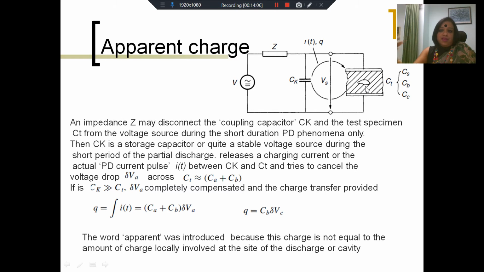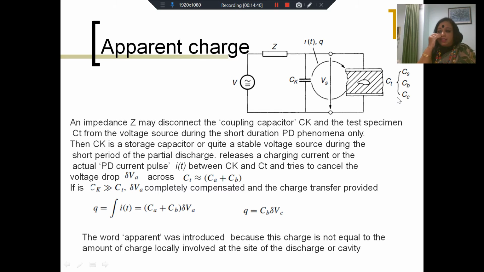So within the volume of the dielectric, a small discharge takes place, Cc, and we do not know the exact quantity of charge which is involved in that discharge, but what we can estimate is the charge Q, which is the integral of the current I. This current I is not the current that is flowing inside the void, but rather it is the current that is flowing in the external circuit, the circuit external to the test specimen, and this current flows from the coupling capacitor to the test specimen.